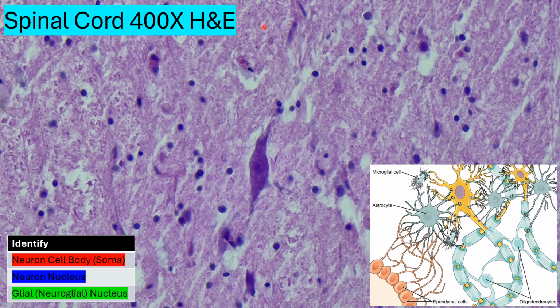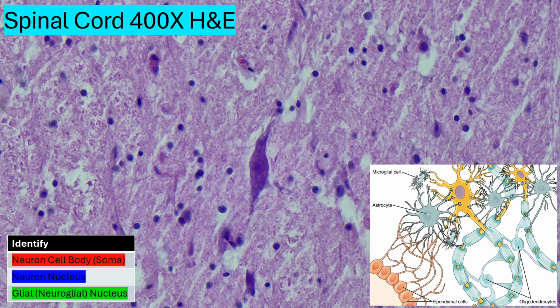So again, we're at 400 power and we're looking at a cross-sectional view of the spinal cord. However, in this case, this is a traditional H&E stain, and as such, the nuclei are going to stain dark purple. Although not as obvious here, that spot right there in the middle is staining darker.